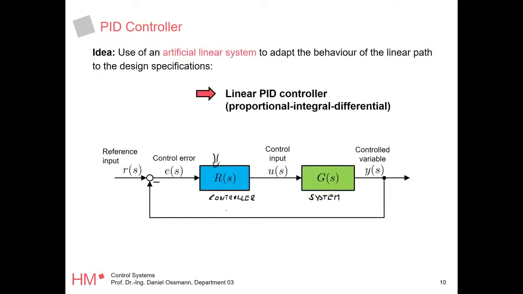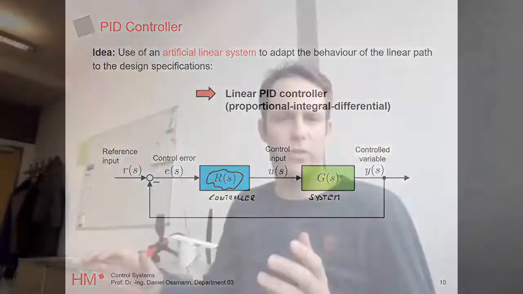Next thing we're going to talk about: if I say you can arbitrarily choose that R of S, this is kind of huge, because you can put any transfer function in there that you like. But this is obviously too big of a problem.